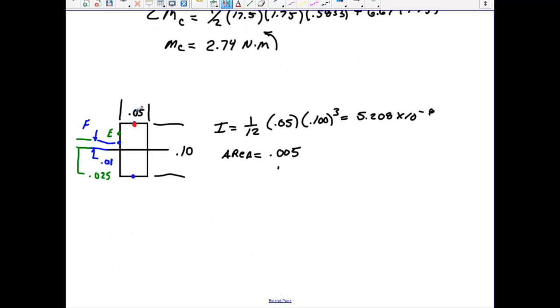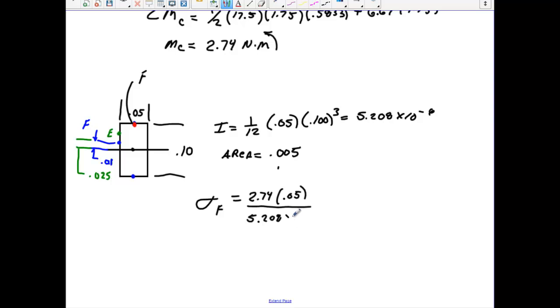So to find the stress here, I would just come back here and I would say the stress, we'll call it F. Stress at F would just be my moment, which is 2.74, times the distance from the center up to here, which is 0.05, divided by my moment of inertia, which I already calculated.